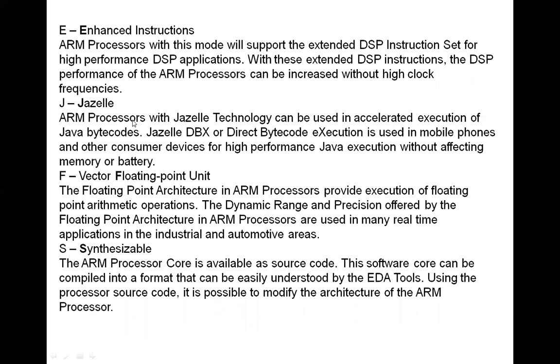So an ARM processor with this mode will support the extended DSP instruction set for high performance DSP applications. With this extended DSP instruction set, the DSP performance of the ARM processor can be increased without high clock frequencies.